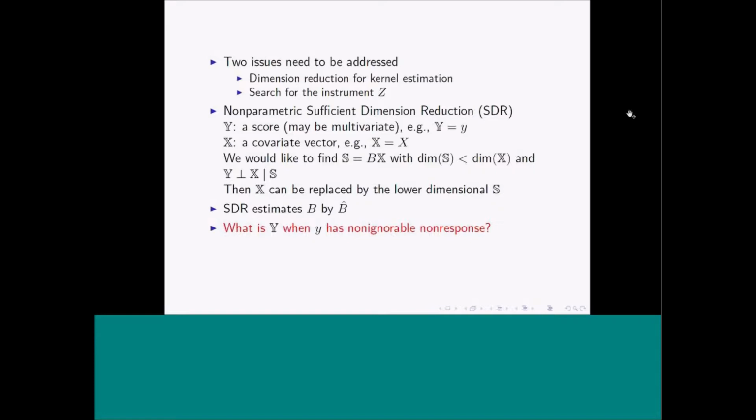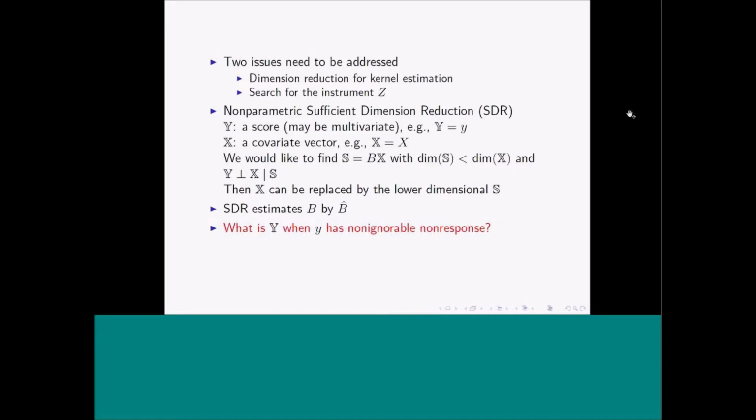At least to me, it started with wanting to do variable selection or model selection non-parametrically. We know that there are many kinds of parametric model selection and variable selection. Even Lasso partly has a parametric component. But if we want to do things totally non-parametrically, then that's sufficient dimension reduction.